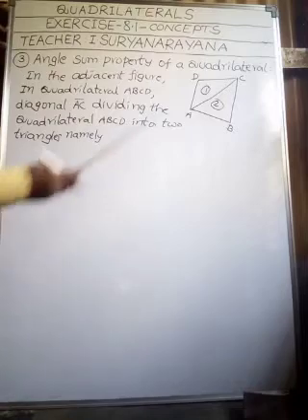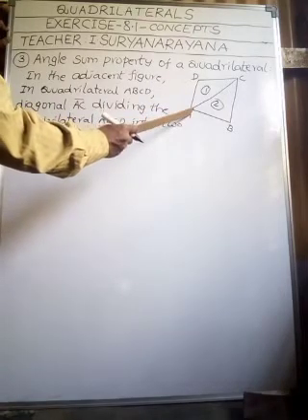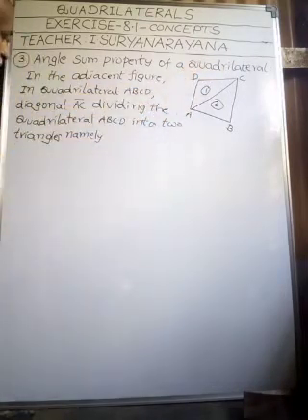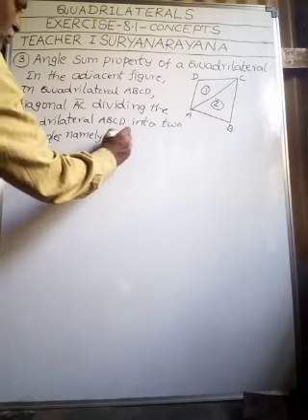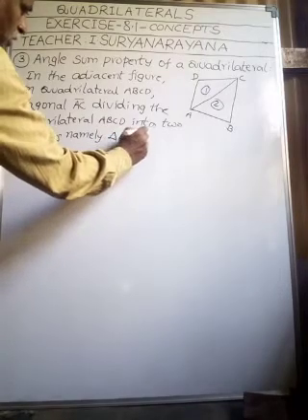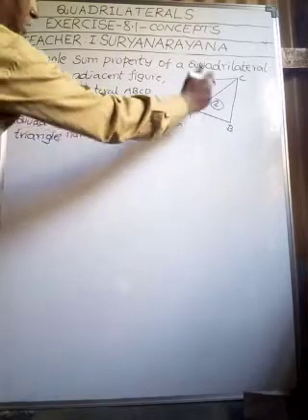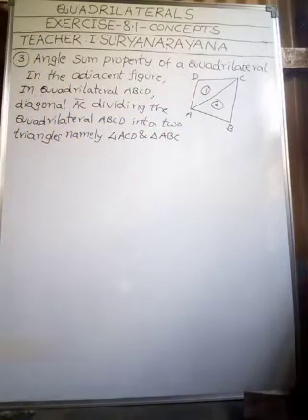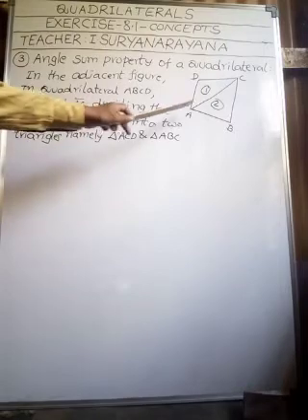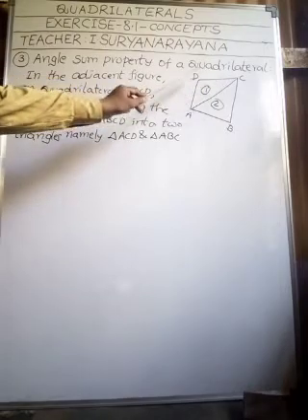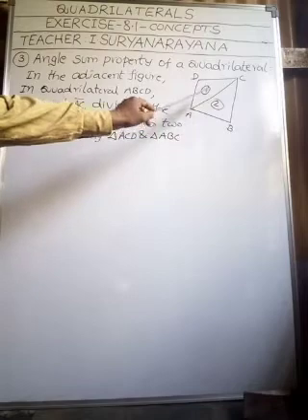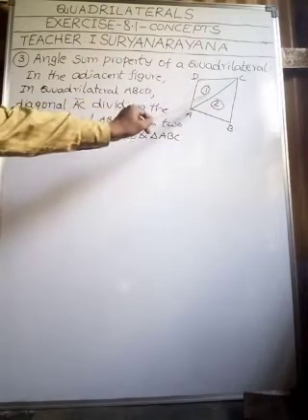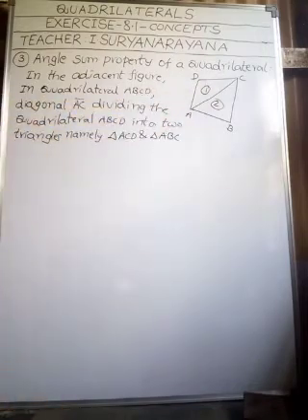Namely, what are the two triangles, my dear children? Triangle ACD and triangle ABC. Understood this point, my dear children? This diagonal AC is dividing this quadrilateral into two triangles, namely triangle ACD and triangle ABC. Okay, my dear children? Right.